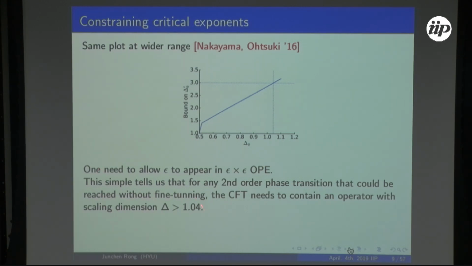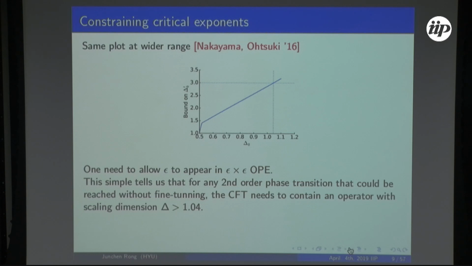This simply tells us that for any second-order phase transition which can be reached without fine-tuning, the CFT needs to contain an operator whose dimension is bigger than 1.04. Because if your theory contains two relevant neutral scalars, neutral under any global symmetry, then when you set up the system on a lattice or whatever, you need to do fine-tuning.